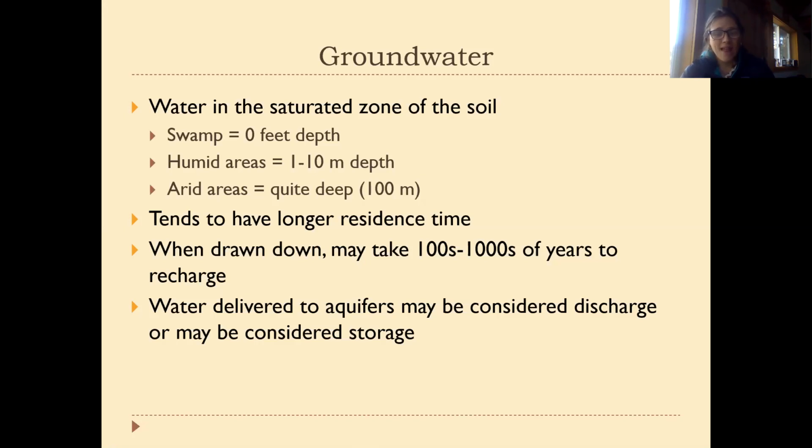And then, as we said on the last slide, what's unfortunate about that is that if we pump water very quickly from these aquifers at an unsustainable rate, we are going to have a really hard time rebuilding or recharging that aquifer system, because it takes a long time for those systems to be recharged, hundreds or thousands of years, which is probably not really on the time scale that's going to be very helpful to us.